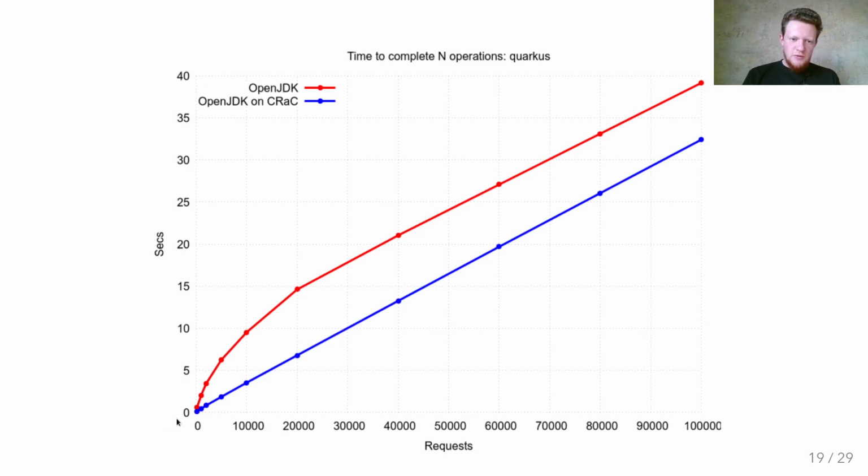So we may see that the curve is a line from the very start. So the restored instance is warmed up from the very start, and the slope of this line is the same as it was around 100k requests.